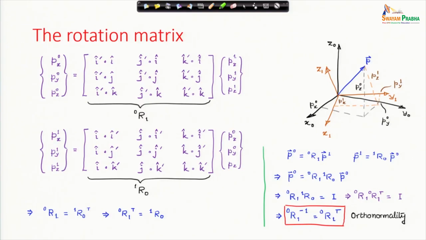This is called orthonormality. The inverse of the rotation matrix is its transpose. So, transpose of a rotation matrix gives us the inverse of the rotation matrix.